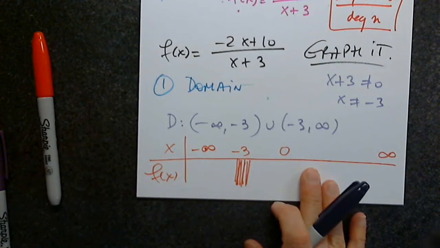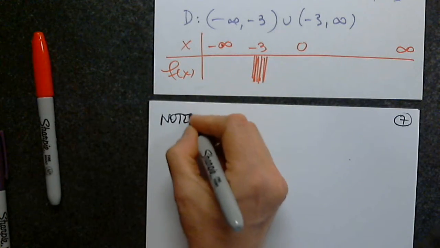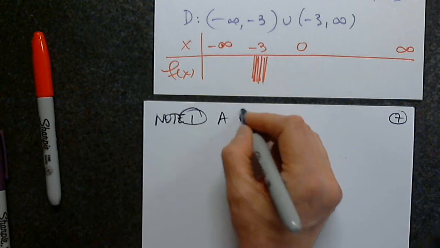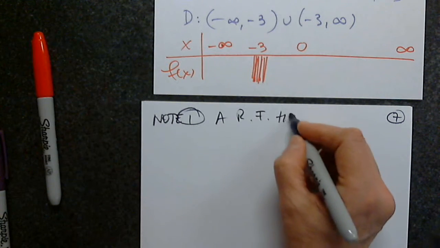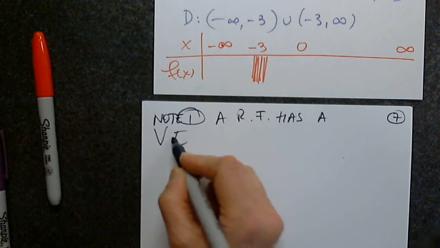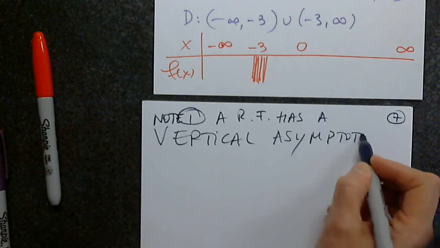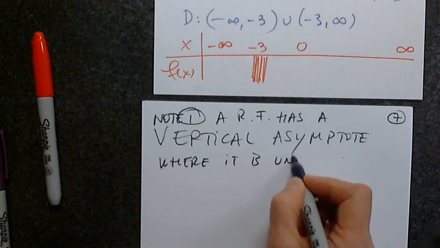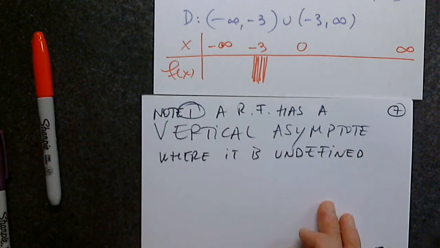Okay. Here's the first note. Note number 1. A rational function has a vertical asymptote where it is undefined. There is an exception.